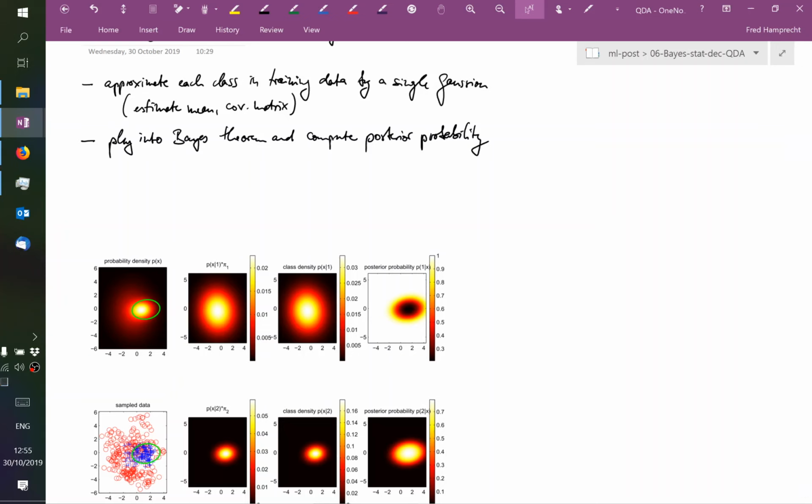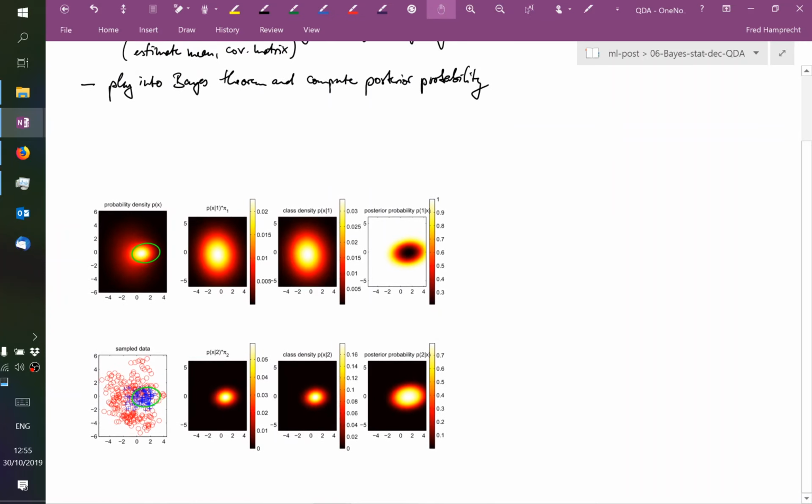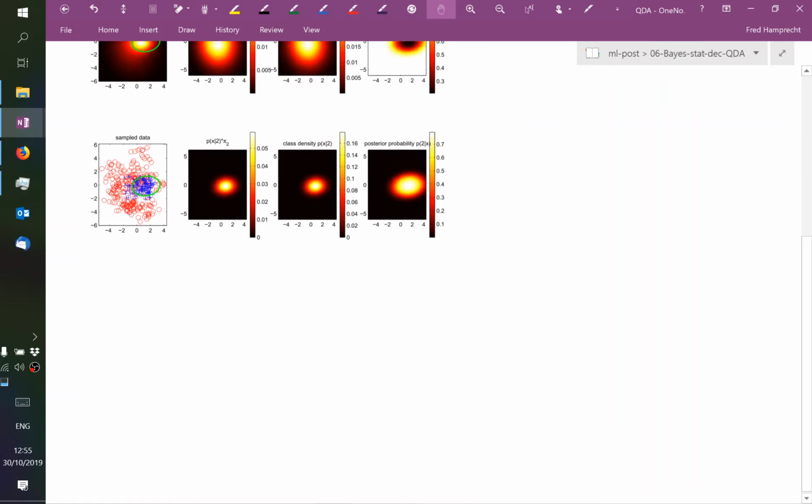Now, an astute observer notices that this decision contour here looks like an ellipse. And why is that? Let's look at the math.